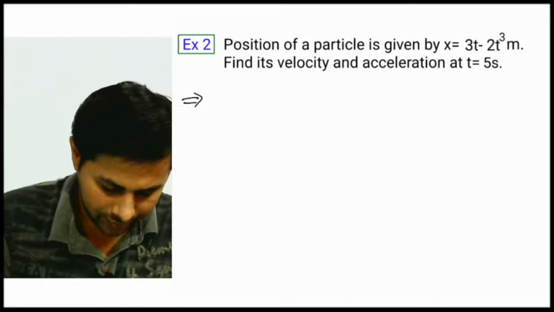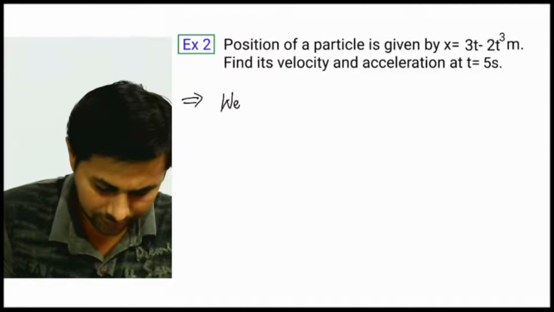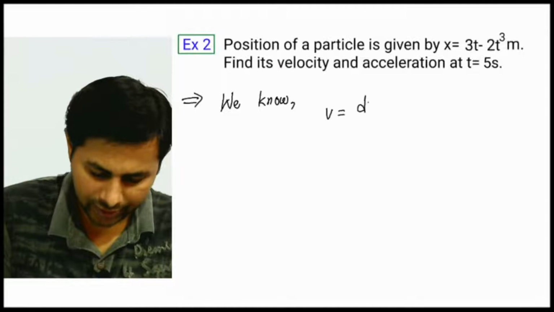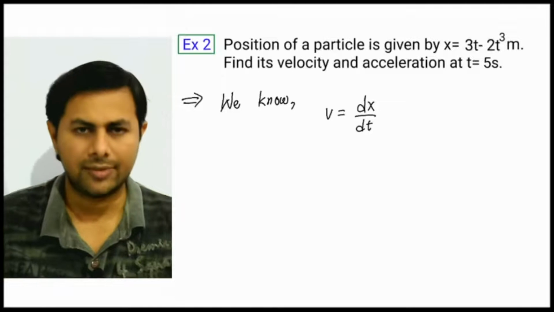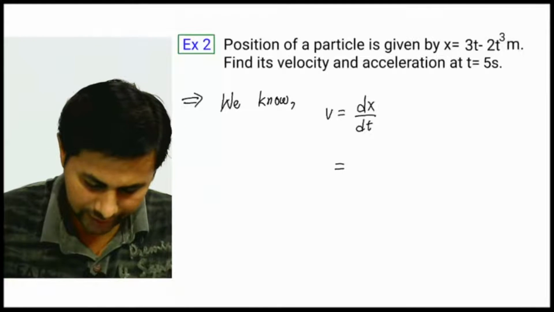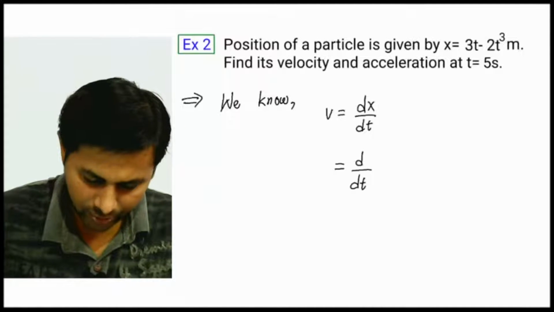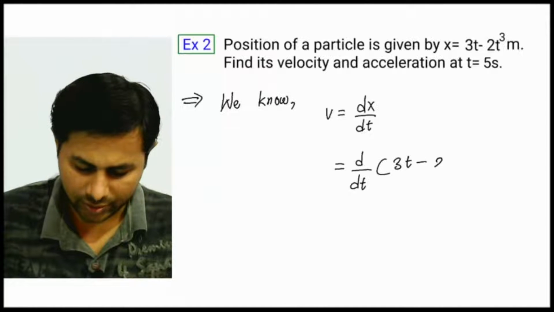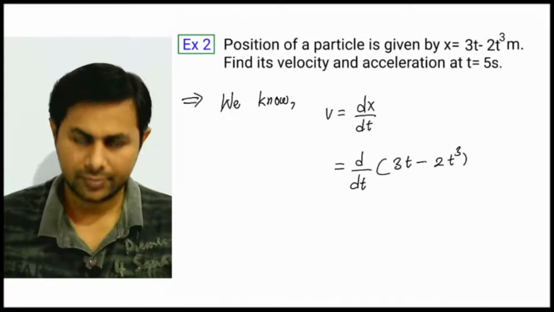Okay, so we know the relation between velocity and position, and also between acceleration and position. So we know that velocity is the derivative of position with respect to time, and for position we have 3t minus 2 times t cube.